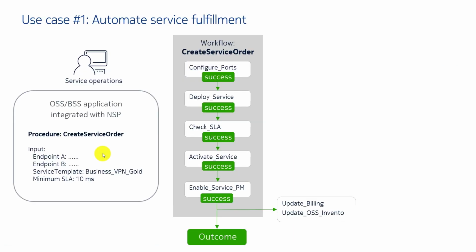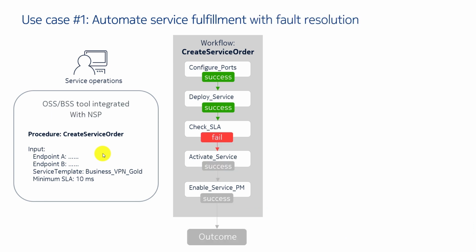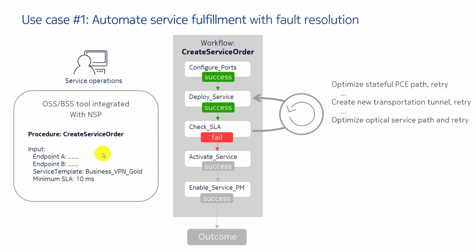Similarly, we can extend the automation of a service provisioning process to also automatically correct any failures that occur during service deployment. In the next scenario, we will evaluate a situation where a service is successfully deployed, but the SLA requirements fail prior to activation.